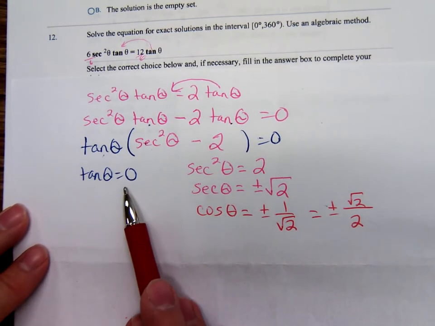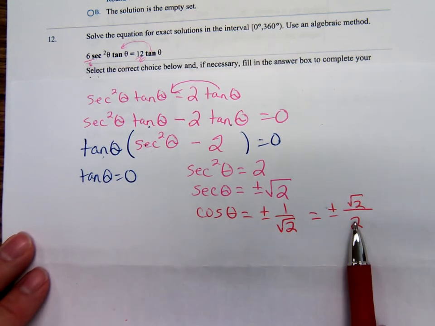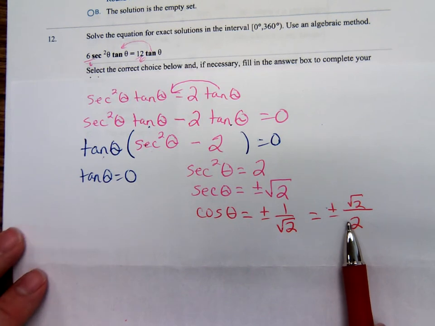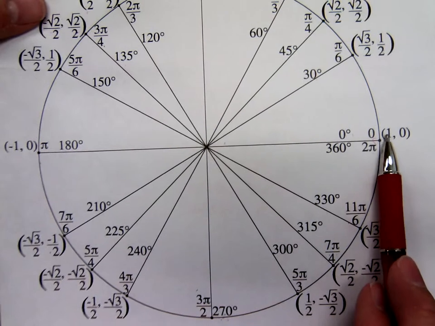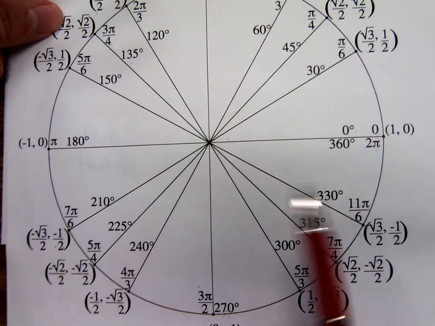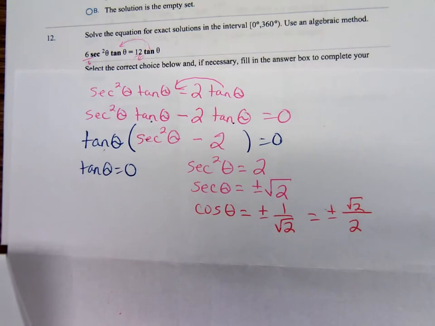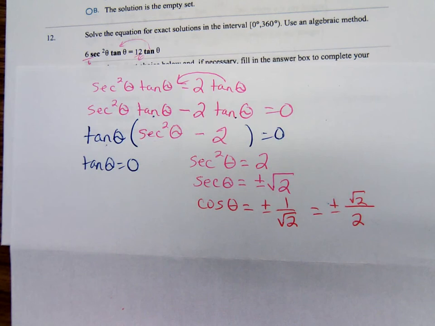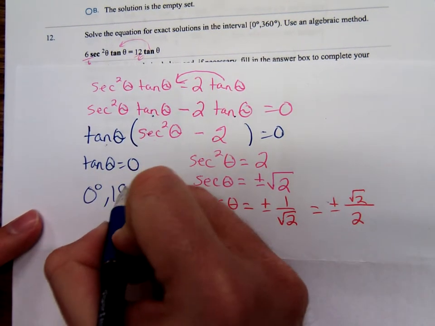Where's tangent theta 0, and where's cosine theta square root of 2 over 2, plus or minus? Well, tangent would be 0, sine over cosine, here at 0 degrees and 180 degrees. So the first two solutions, the blue ones, are 0 degrees and 180 degrees.